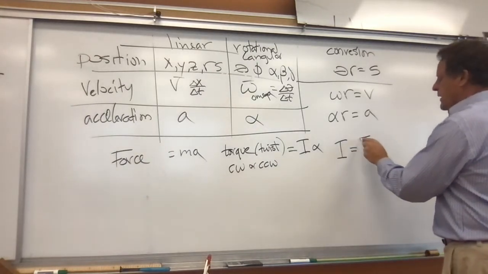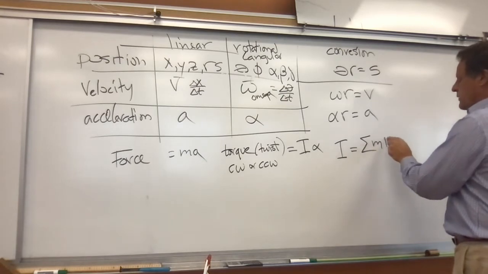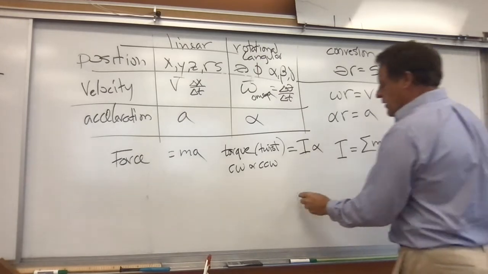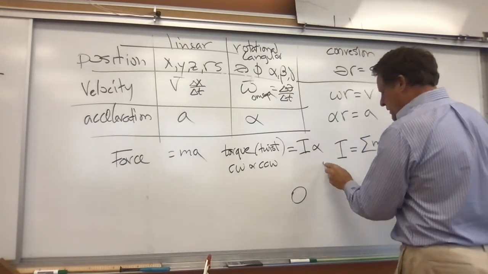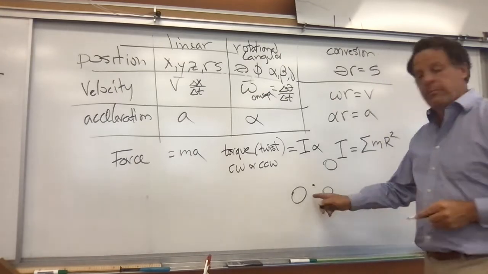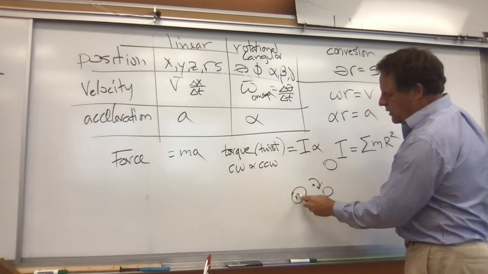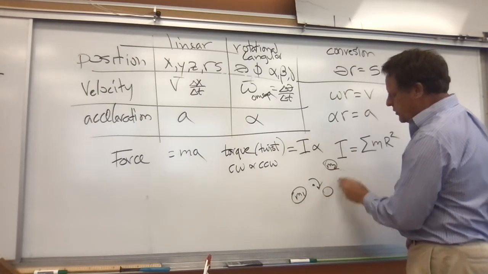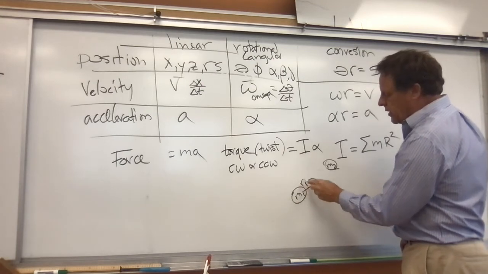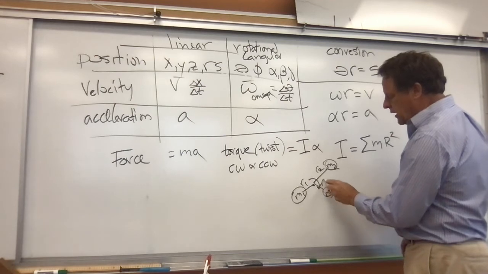And we can calculate that by taking the sum of all the mass times their radius squared. So if we had an object here, and an object here, and an object here, and we wanted to calculate what that moment of inertia would be rotating around this point right here, we could take M1, M2, and M3, and we would multiply that by R1 squared, R2 squared, and R3 squared.